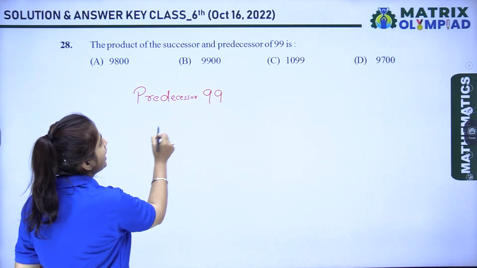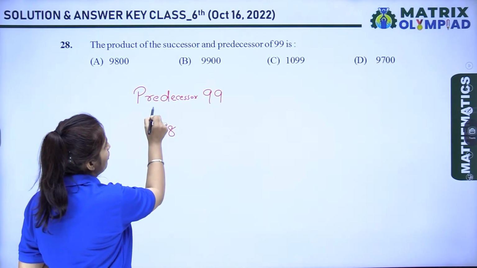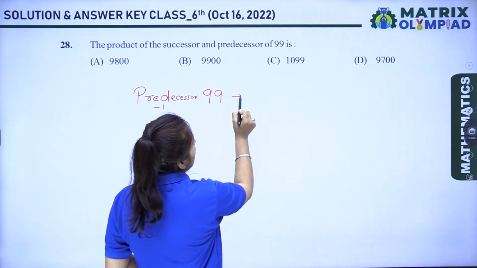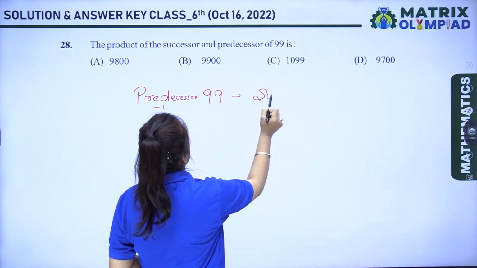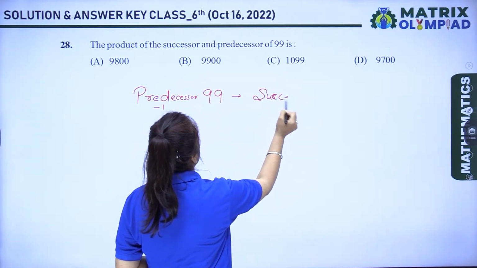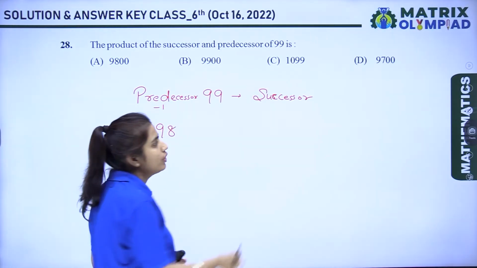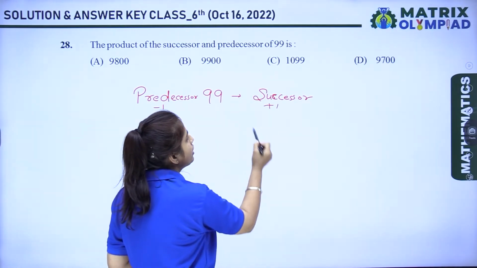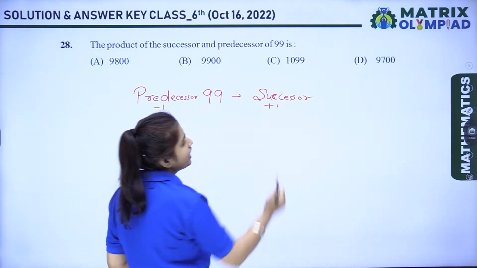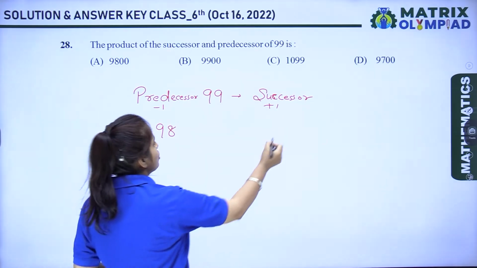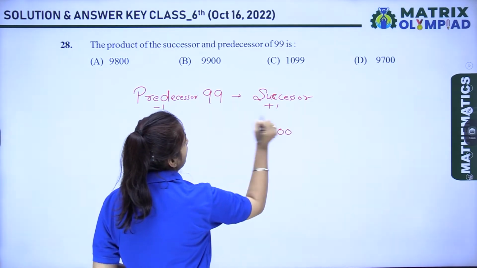So predecessor of 99 is 98, or we can say that predecessor is minus 1. And successor means plus 1. We have to add 1 to the given number, or we can say the number which is just after. So here we get 100.